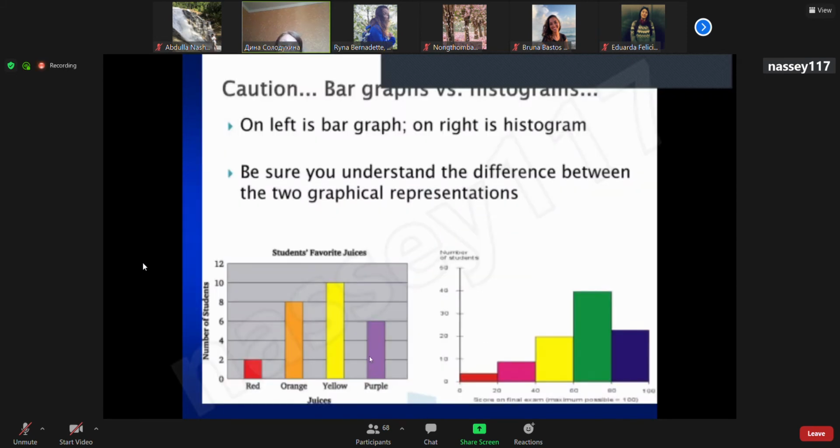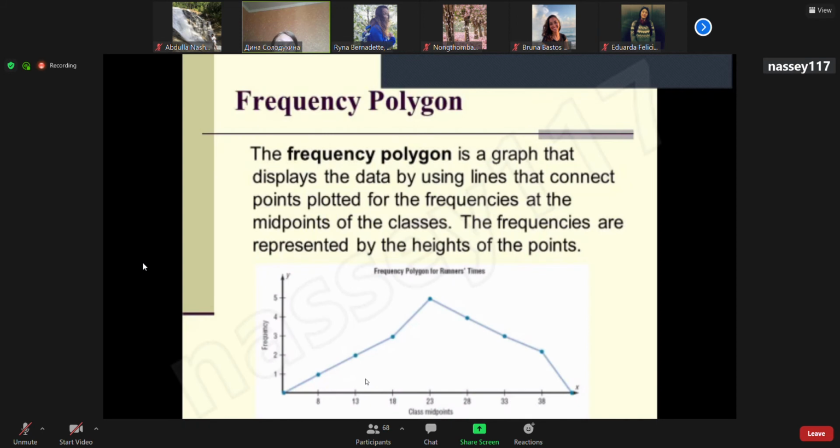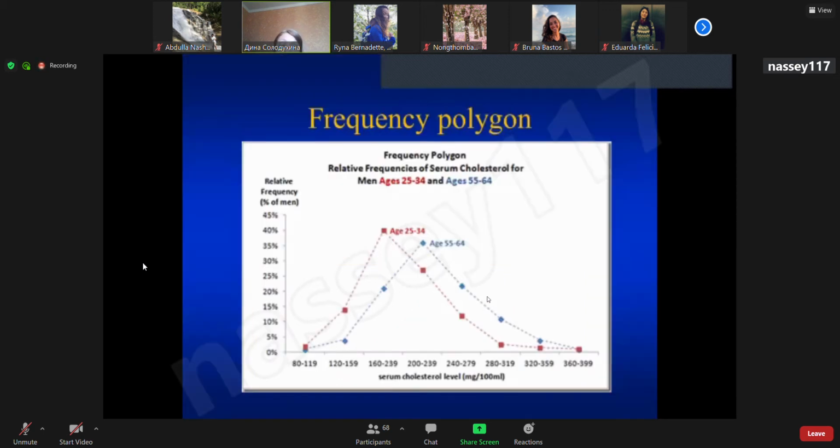If you use a frequency polygon, it's another way to look at distribution. We just connect the points of the frequencies, and it is called a frequency polygon. A frequency polygon can also be used for comparison.